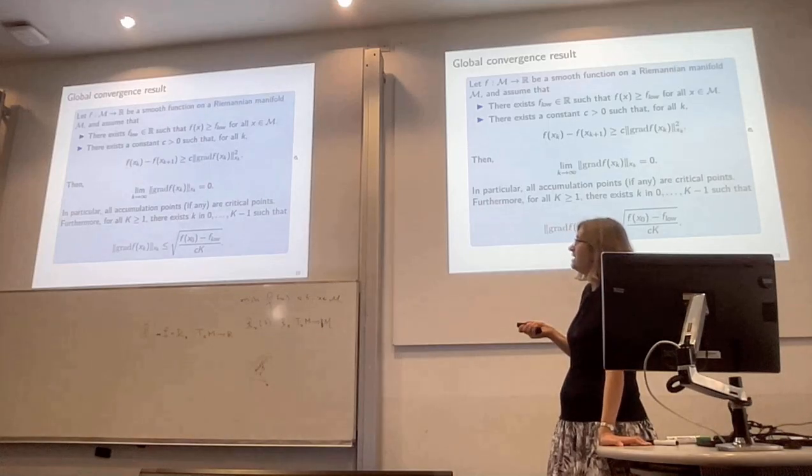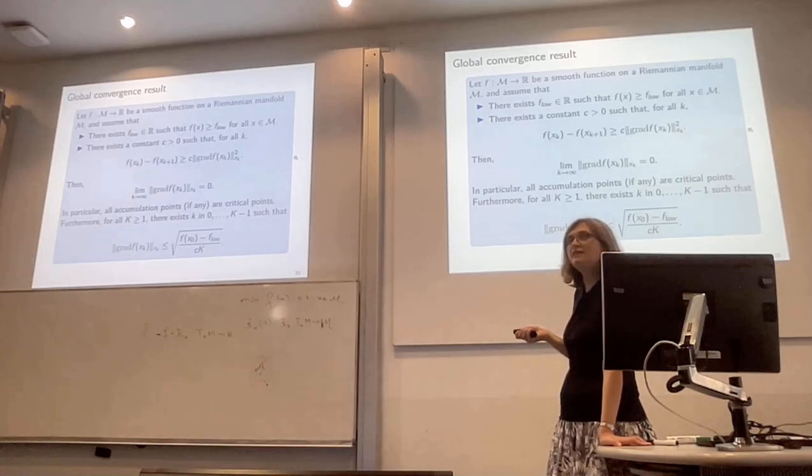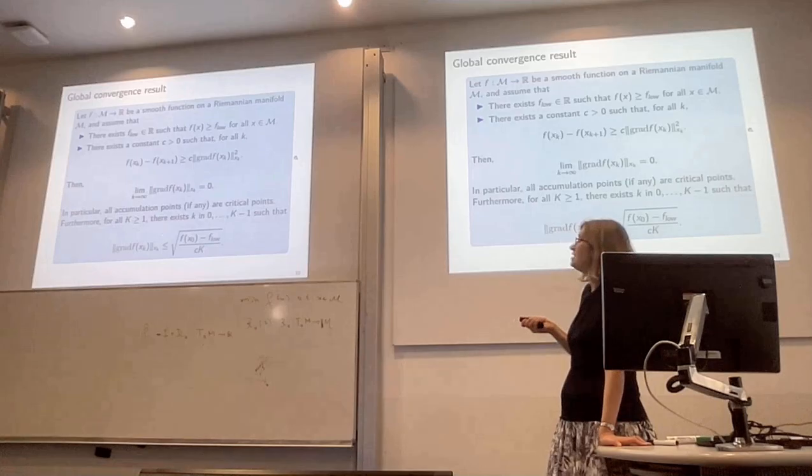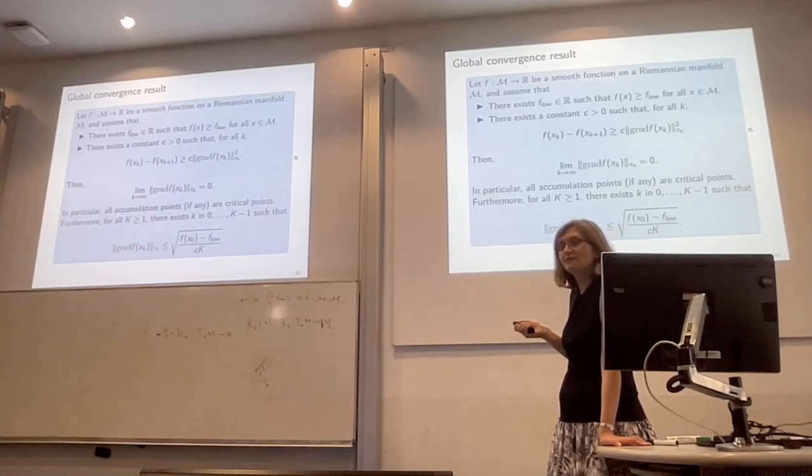So that means that this will go below any user-specified epsilon in a number of iterations k proportional to 1 over epsilon squared. So it's a sublinear rate of convergence because this function f is non-convex.